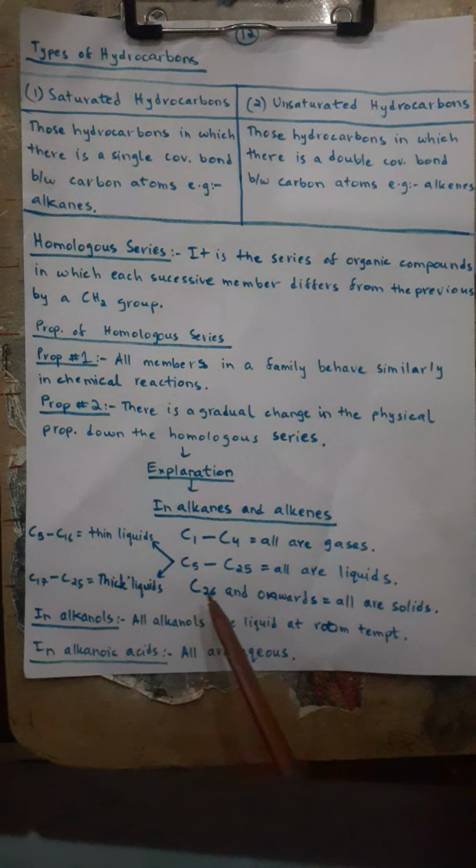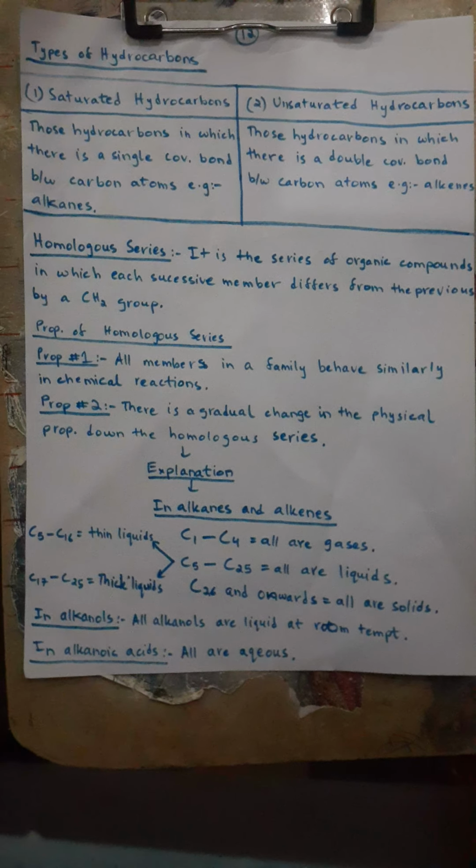And then if we take C26 and onwards, they all are solids. So what happens in alkanes and alkenes? As the carbon number increases, the state changes from gases to liquids and then to solids.